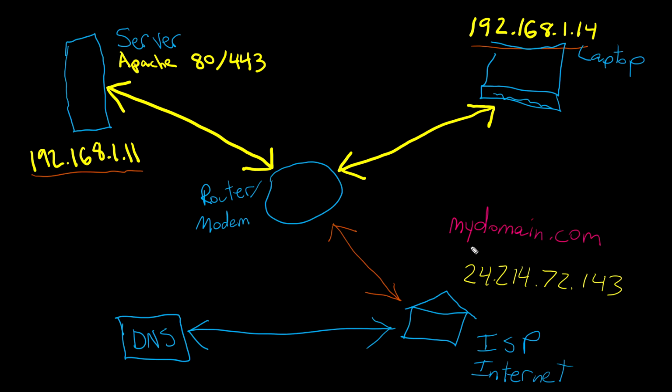I'll show you in another tutorial how to do this through Google Domains. I think they're great, and you can actually work with this, but that's a whole other subject. So we're going to need a real domain that we've registered, and it's going to have to point to our public IP address, right?